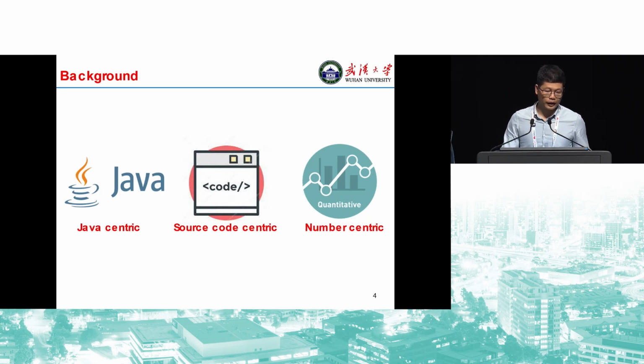The second issue is source code-centric, because previous studies only compare the effectiveness of clone detection tools at the source code level. The final issue is number-centric, because the existing studies only quantitatively compare the clone detection results among different tools.